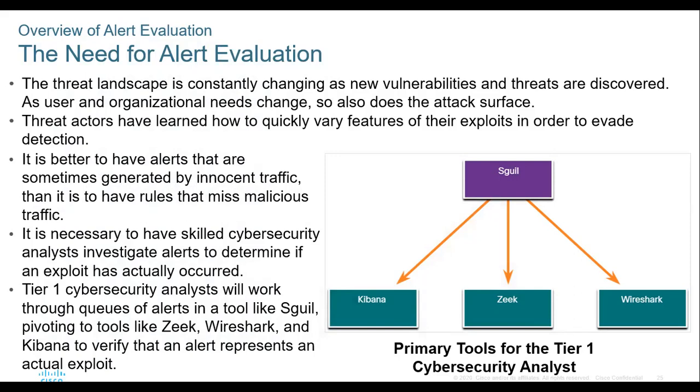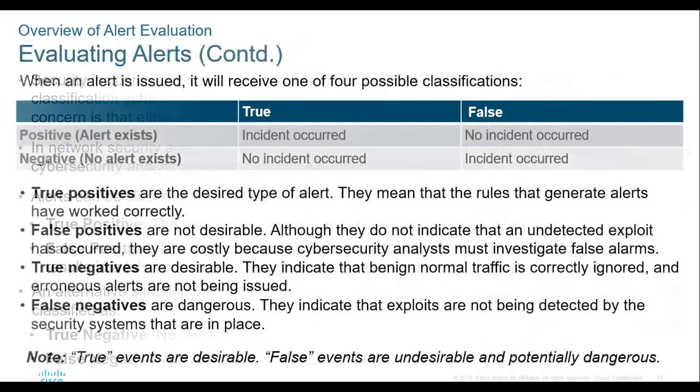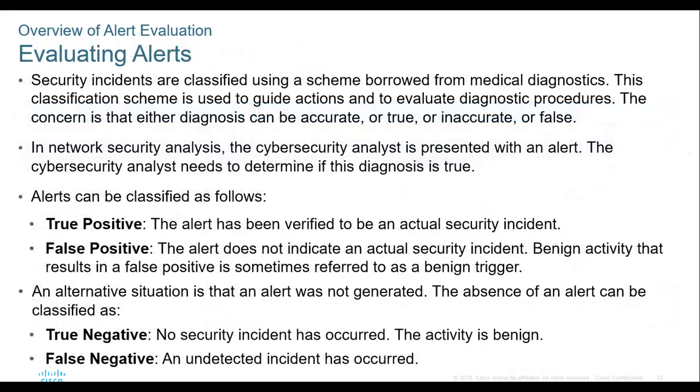So it's left for you as the analyst to do further investigation on that alert. Tier 1 cybersecurity analysts will walk through queues of alerts in a tool like Squirrel, pivoting to tools like Zeek, Wireshark, and Kibana to verify that an alert represents an actual exploit. So it means even the system can give wrong information or right information about an alert. So it's left for you to do further investigation, okay, as an analyst.